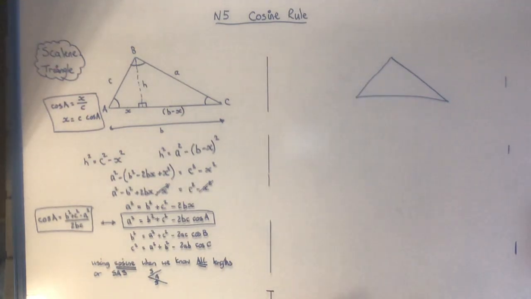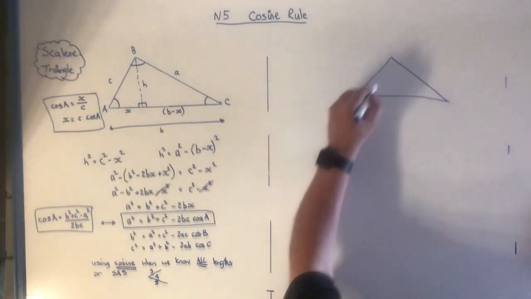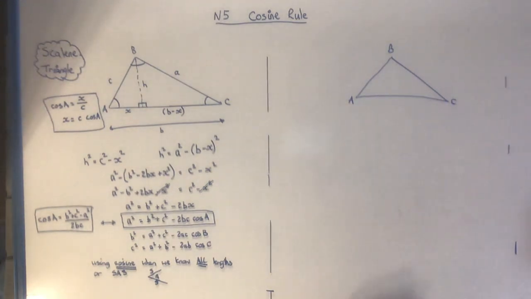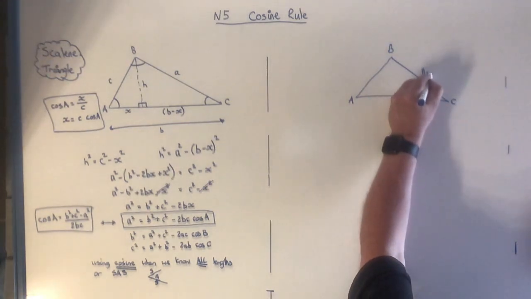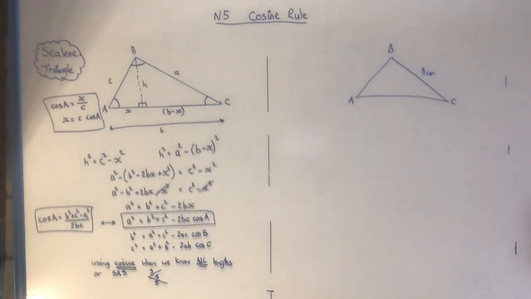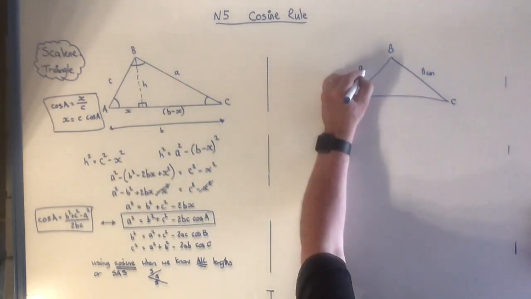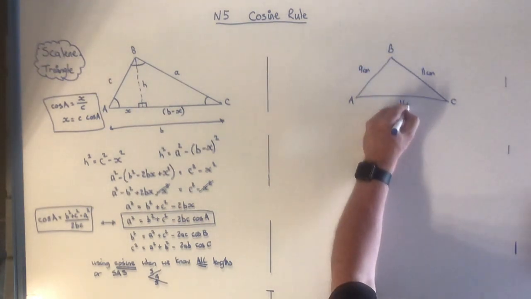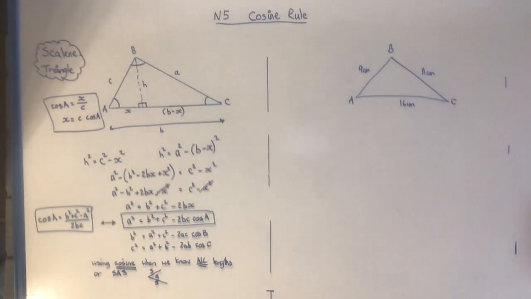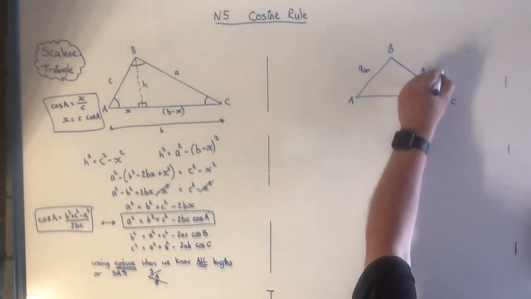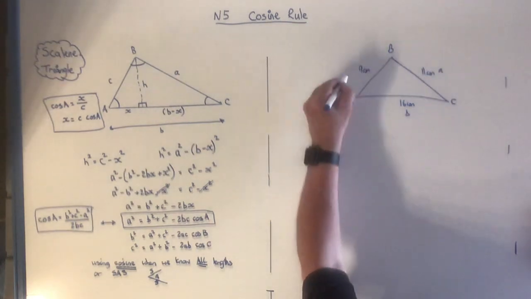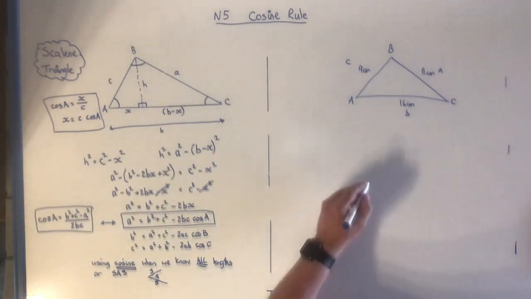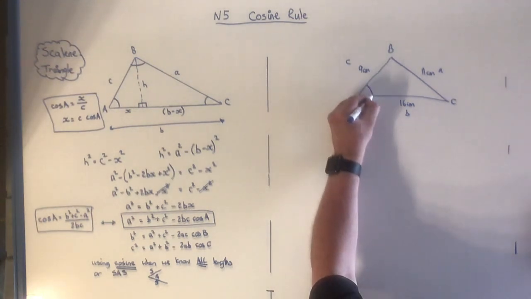Okay, again, A, B, C, and let's put 11 centimetres in here, and I've got 9 centimetres here, and I know another length as well, and that's 16 centimetres. Now let's label it. So A, B, C. Okay, so that's really, really important. And the question says, can we find this angle here?